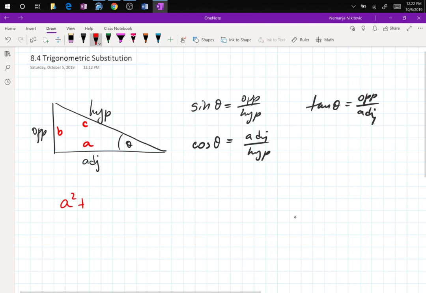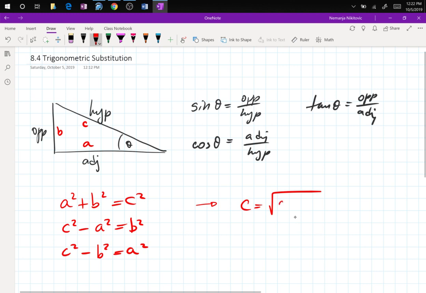We have A squared plus B squared equal to C squared. We also have that C squared minus A squared is B squared, and C squared minus B squared is A squared. Now, what I'm actually interested in over here is that C is the square root of A squared plus B squared. So these are the ones that I actually care about.